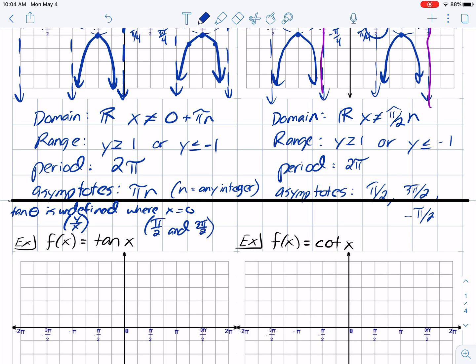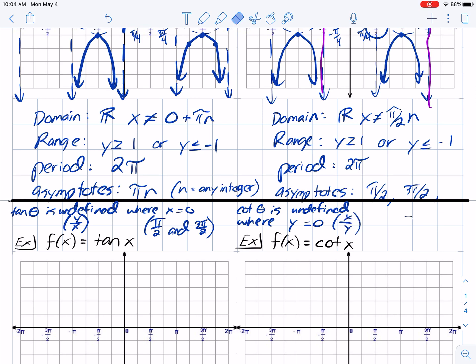Okay. Cotangent of theta would just be the opposite. Cotangent of theta is undefined where, whoops, I was thinking y in my head, where y equals 0, because cotangent is the reciprocal, x over y.